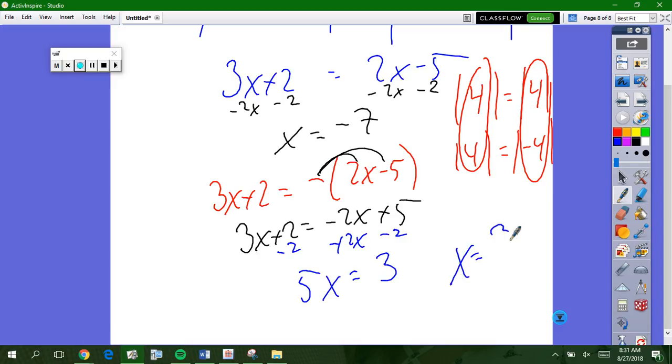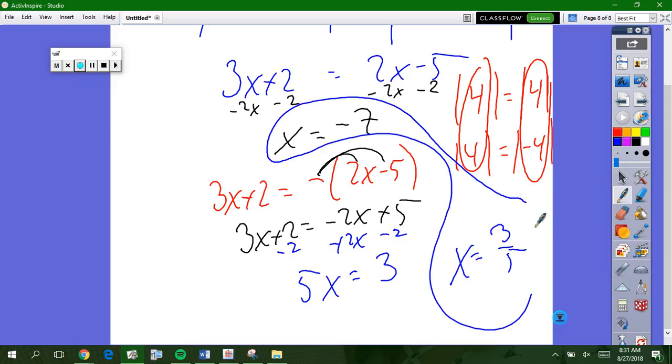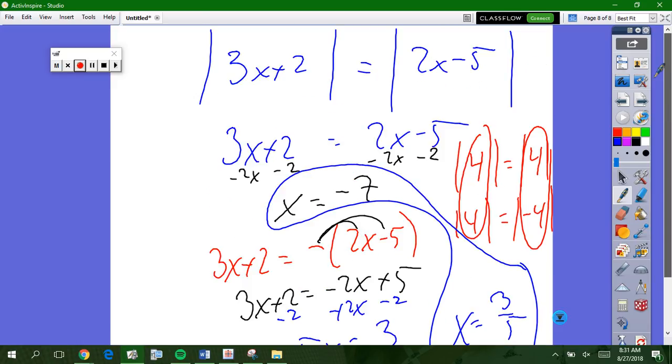So x equals 3/5. That's my 2nd solution. Very similar to what we did in the past, except instead of equaling it to 4 and -4, I have to equal it to its operation and its opposite. Pretty good there. I'm going to let you write that one down.